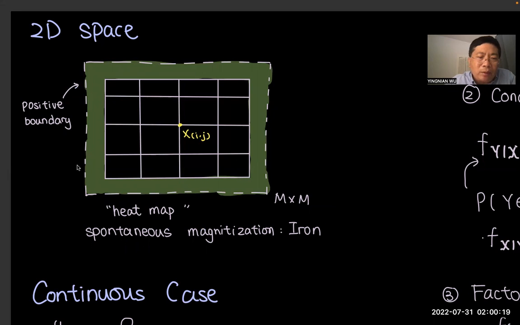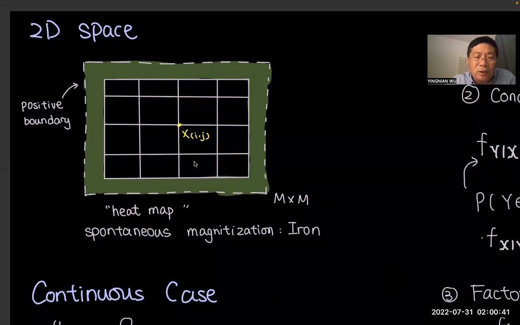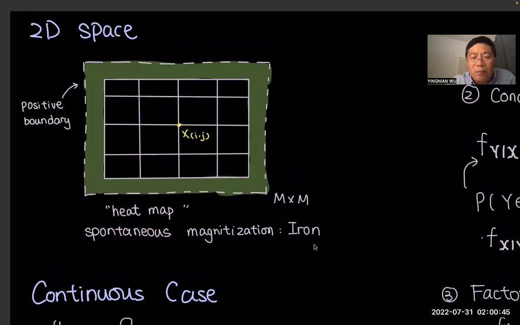So suppose all the boundary values are positive 1. Then it is like you put this system in an environment where those are positive values, positive spins for the electrons. And you can also make this negative 1, so all the values are negative 1. This is actually used to explain the idea of spontaneous magnetization. For example, if you put iron close to a magnet, then the iron will acquire magnetization spontaneously.